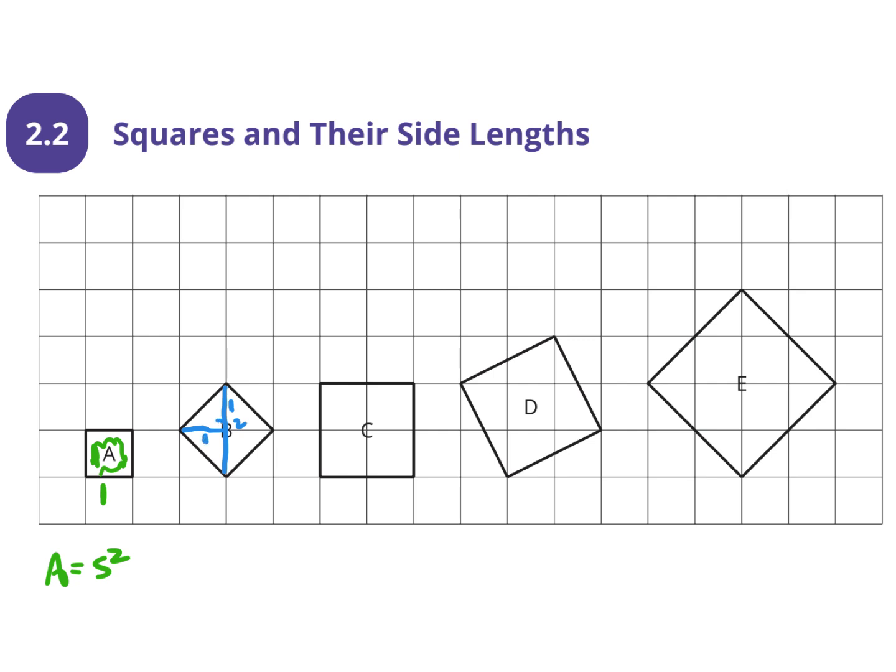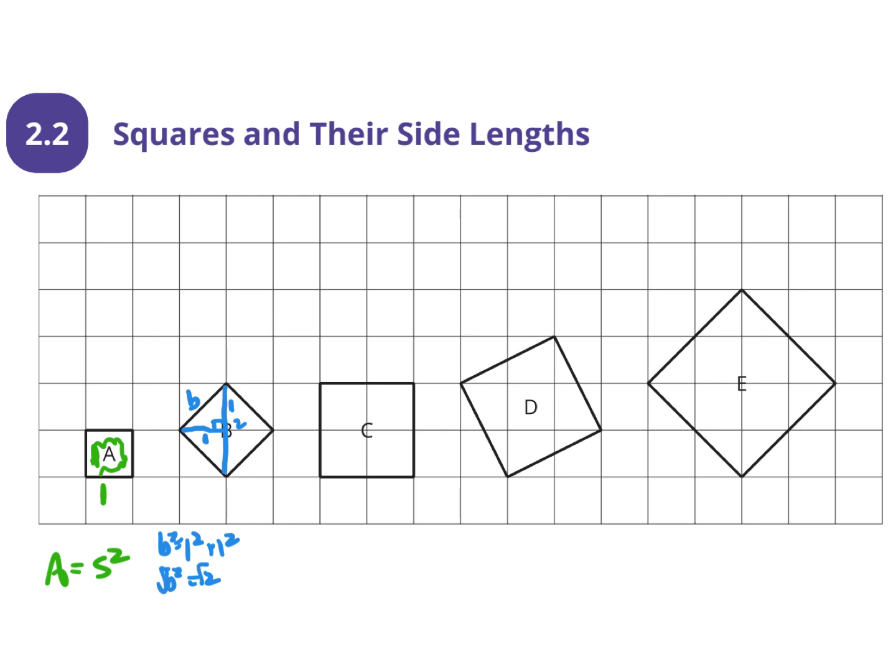If we make a right triangle out of it, 1 squared plus 1 squared equals 2. That's c squared. But the length of this, we'll call this little b. B squared equals 2, according to the Pythagorean theorem.